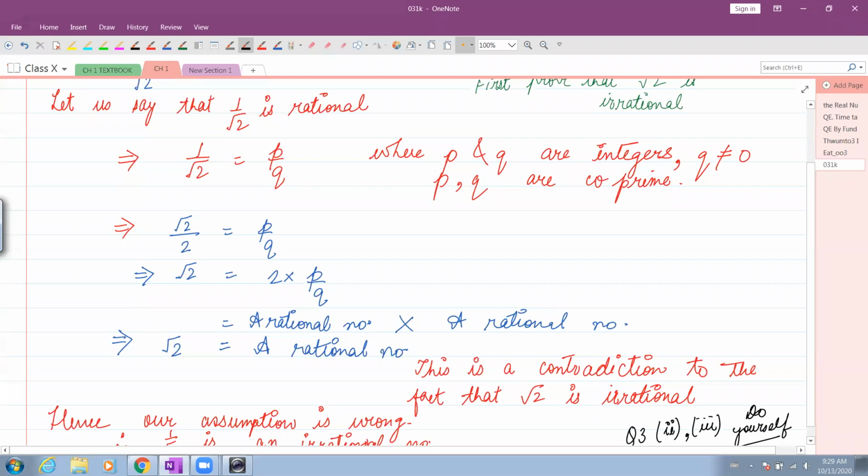I would like you to try the other two parts on your own, just like this one. And those also just contain a couple of steps, and then you can just write down that this is a contradiction.